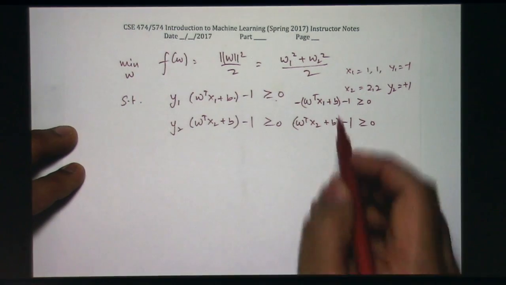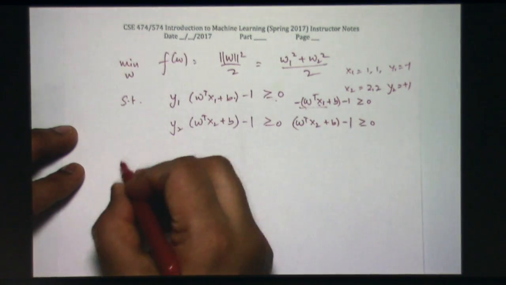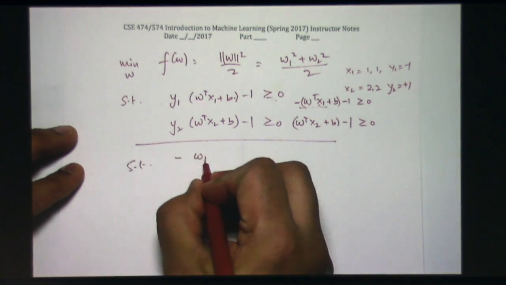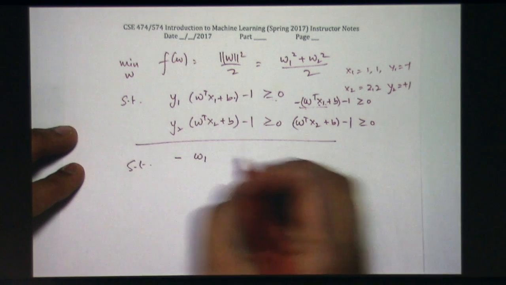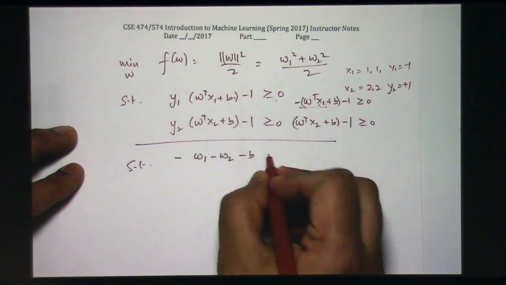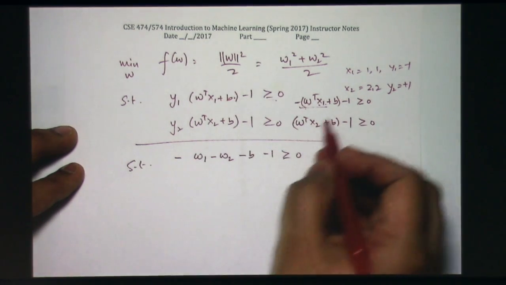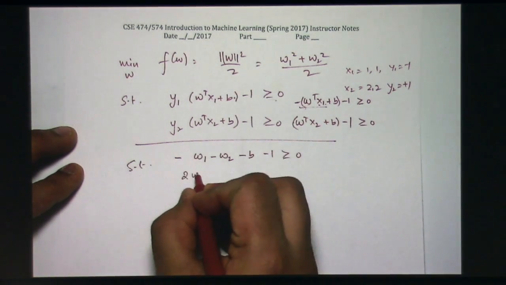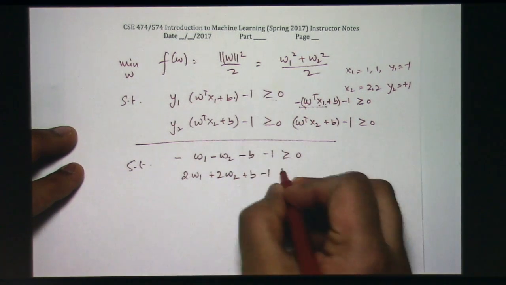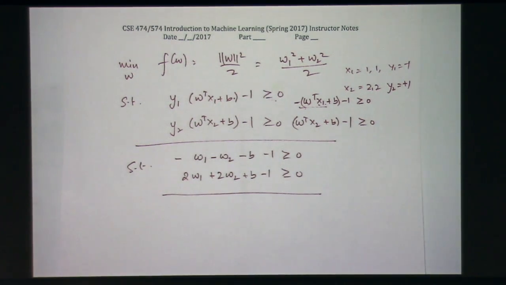Now x1 is (1, 1), so we can also rewrite it. They become, subject to, minus w1 minus w2 minus b minus 1 is greater than or equal to 0, and this one will be 2w1 plus 2w2 plus b minus 1 is greater than or equal to 0. So it becomes a slightly simpler formulation.